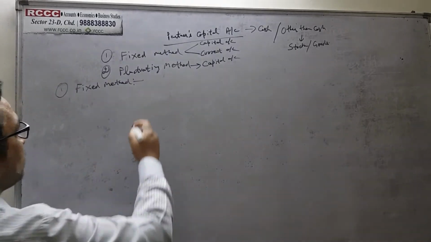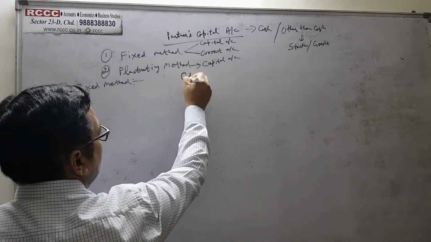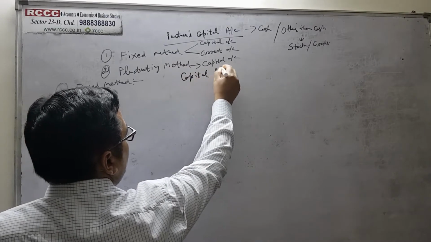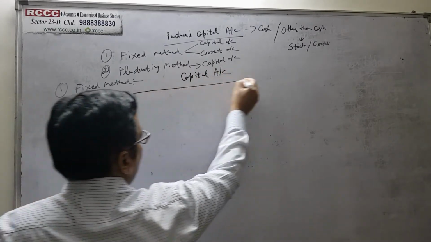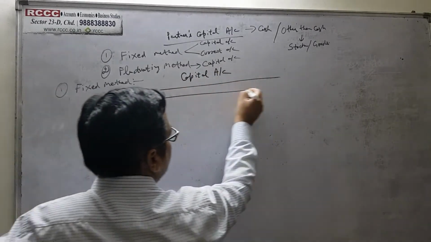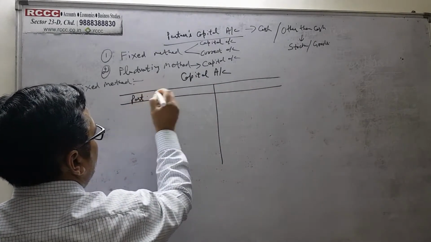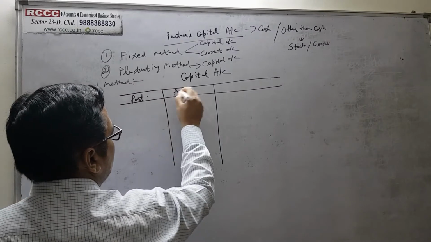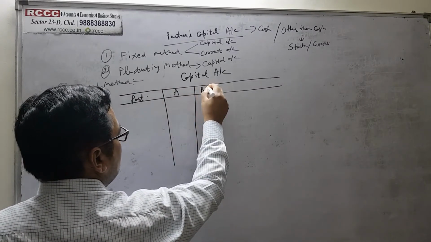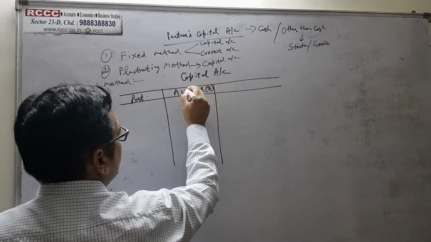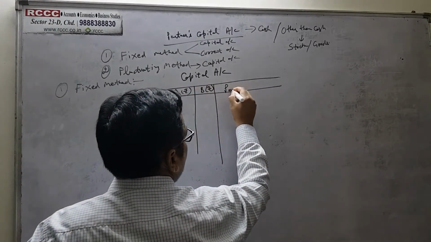So here's a format for the fixed method. First one is the capital account. We assume there are two partners. Particulars, partner A, partner B, the amount expressed in rupees.